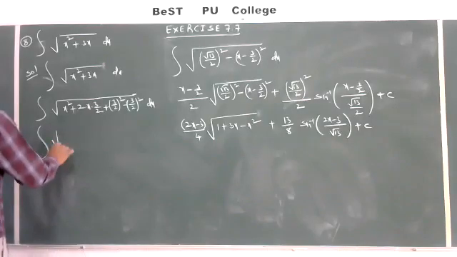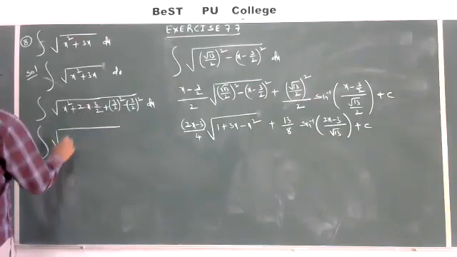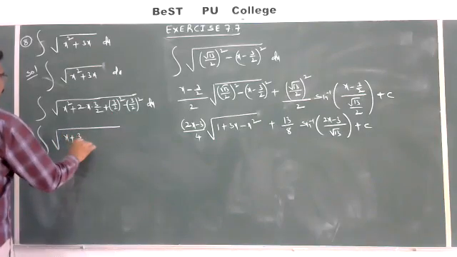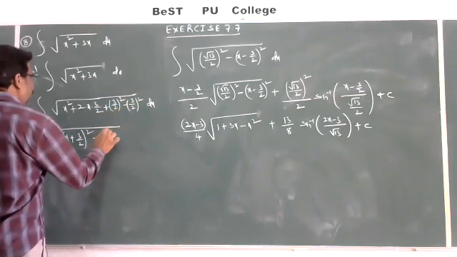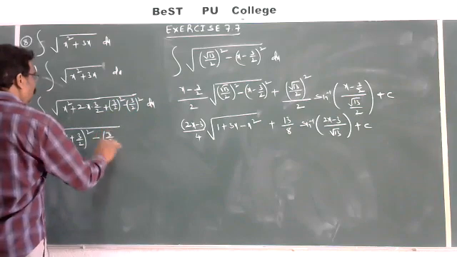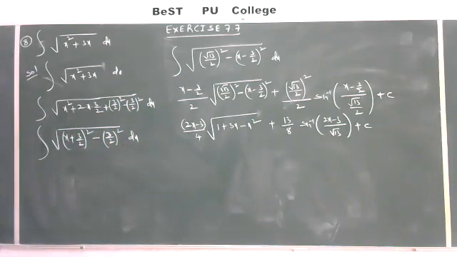That is integral root of, this is a square plus 2ab plus b square, that is x plus 3 by 2 whole square. So here minus 3 by 2 whole square dx. So that's why this is in the form of root of x square minus a square.